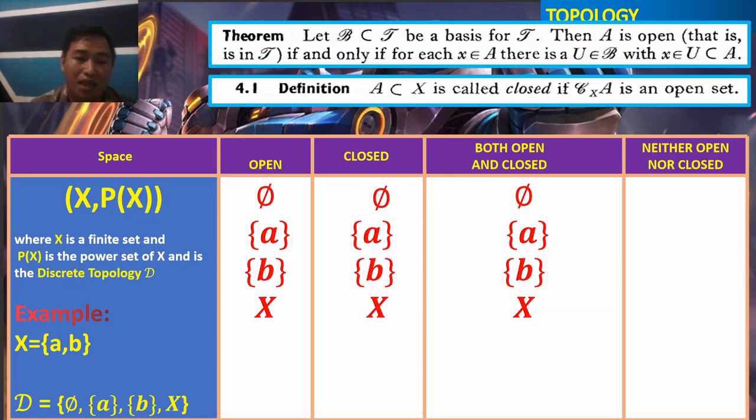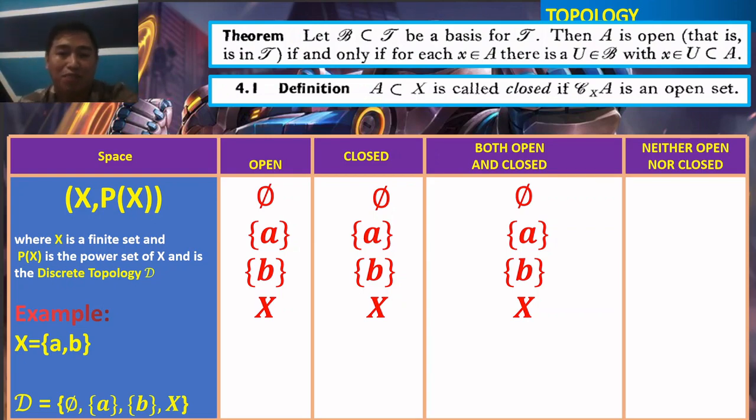Now, since they are all elements of script D, they are all open sets. Again, the complement of empty is X, and the complement of X is empty, that is why they are also closed.